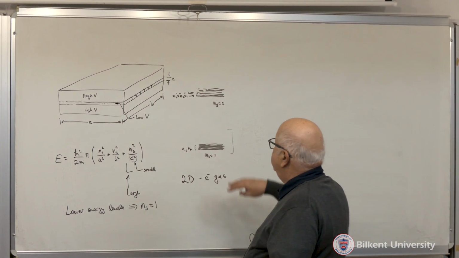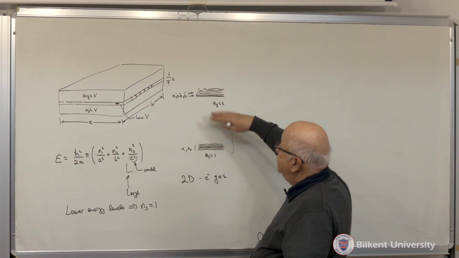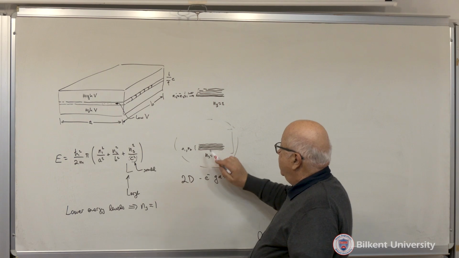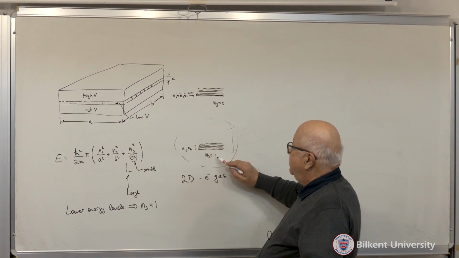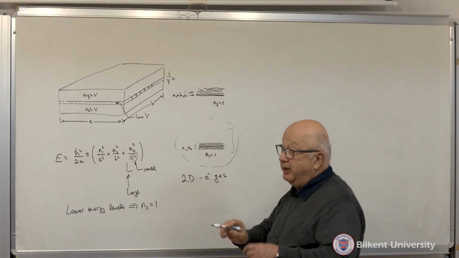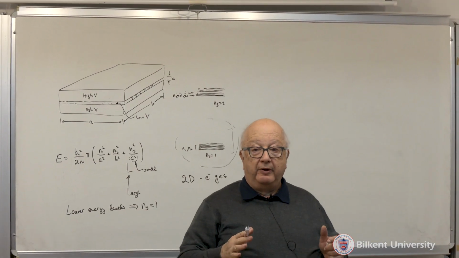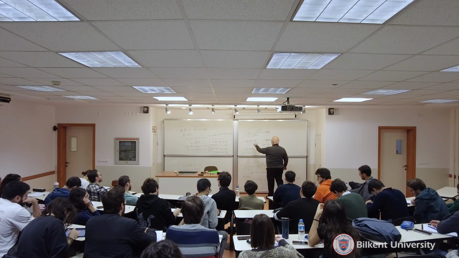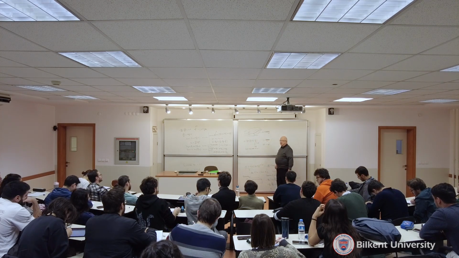So this separation is so large that you'll basically be working in this region where N3 is constant and you have only N1 and N2 changing. So you have just a two-dimensional system constructed like that.